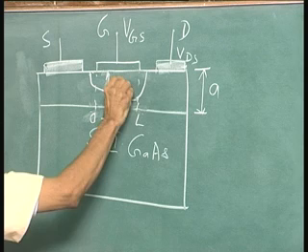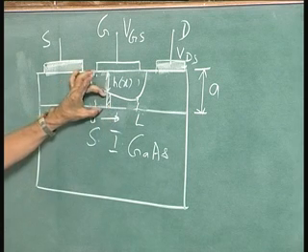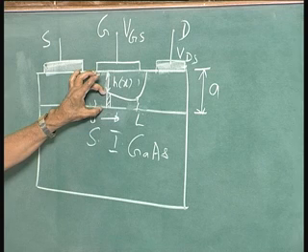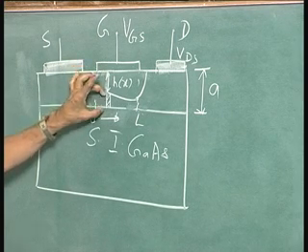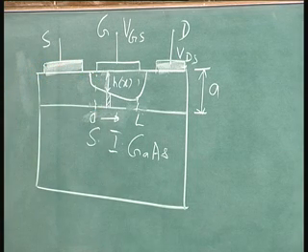That I call h of x. I am keeping this diagram because I do not have to go back to this slide again and again. That is h of x, and this quantity is nothing but A minus h. So, the area of cross section for current flow is A minus h, into the depth, depth is W.